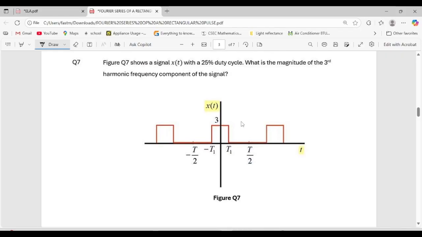Forget about all this for now. The first thing we need to know is the actual magnitude equation. So Ck is 1 on T by the integral from minus T on 2 to T on 2 of x of t by e to the minus j k omega naught t dt.